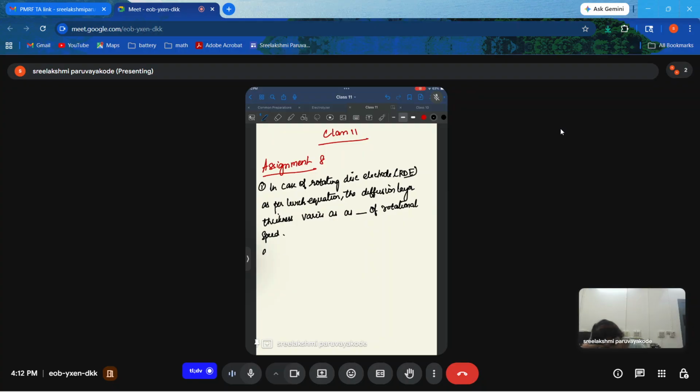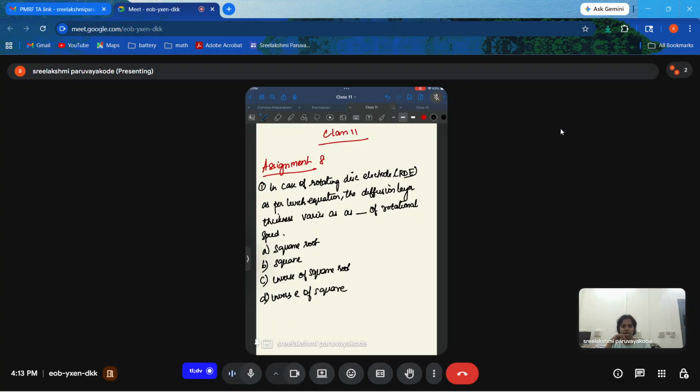So its options are square root, square, inverse of square root, inverse of square.